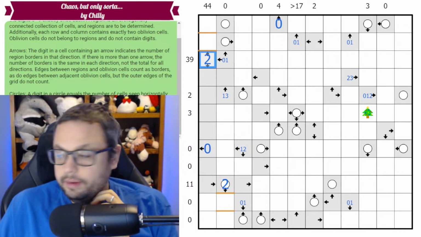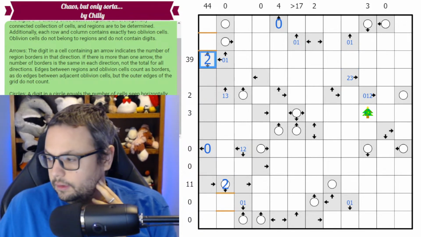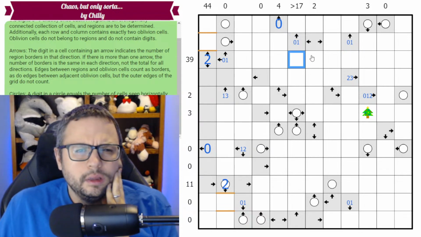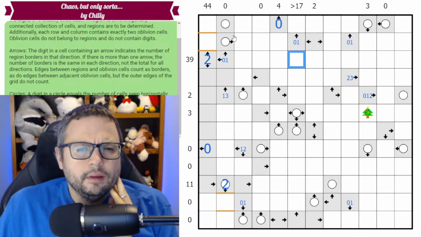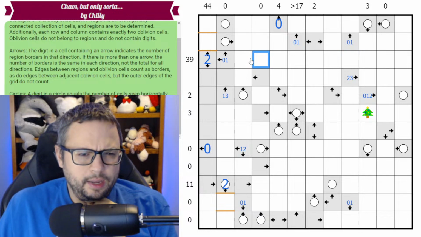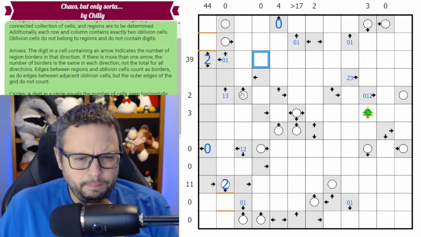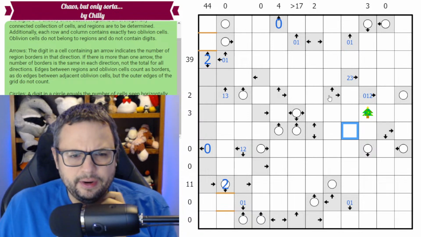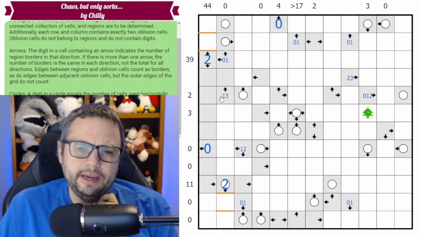I know these two aren't in the same region anymore. Zero or 1. Let's see. This row is starting to get rather congested in terms of how I'm going to get my 2.